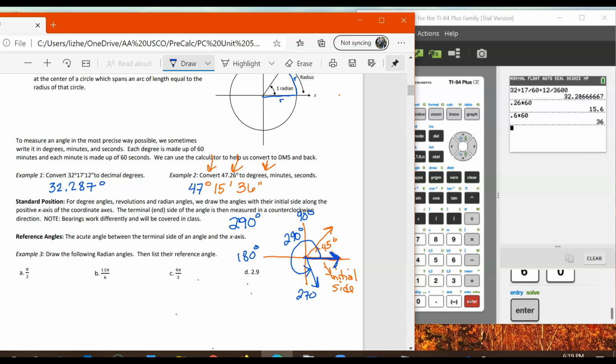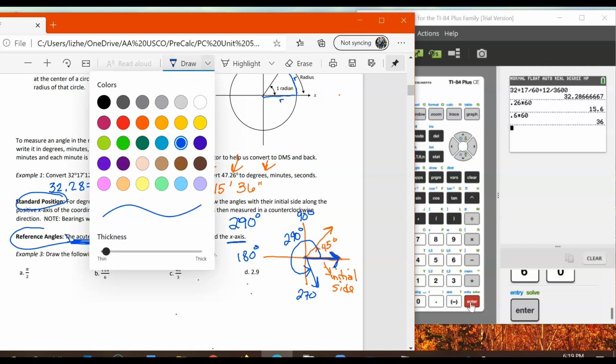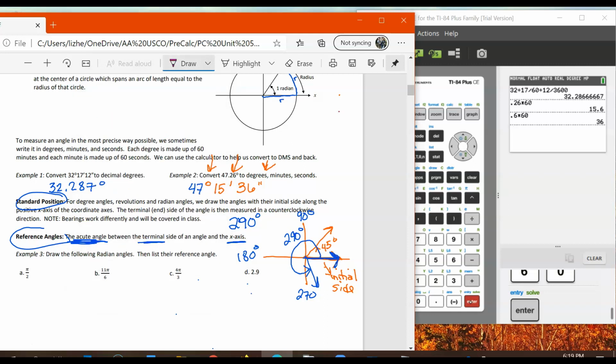Reference angles. So now when we put these angles on, reference angles are very important when we're dealing with standard position. A reference angle is the acute angle between the terminal side and the x-axis. So for example, for my 270 degrees here, the blue is the 270 degrees, but it leaves this little reference angle.